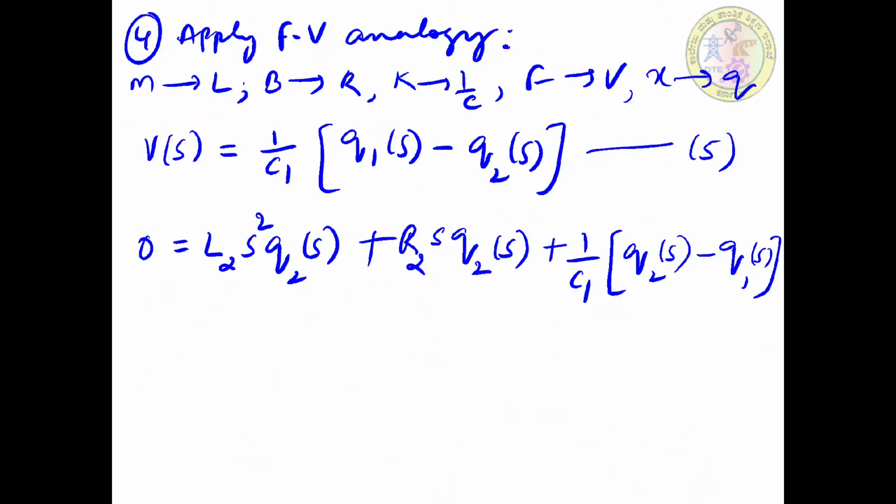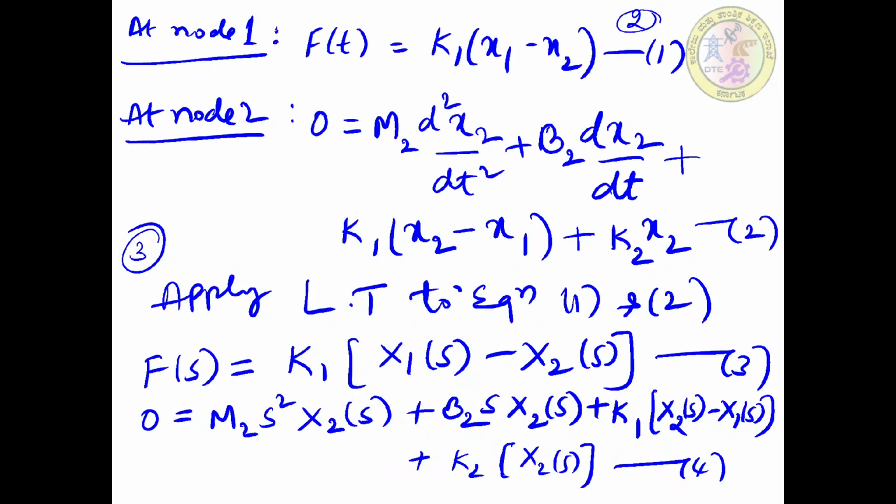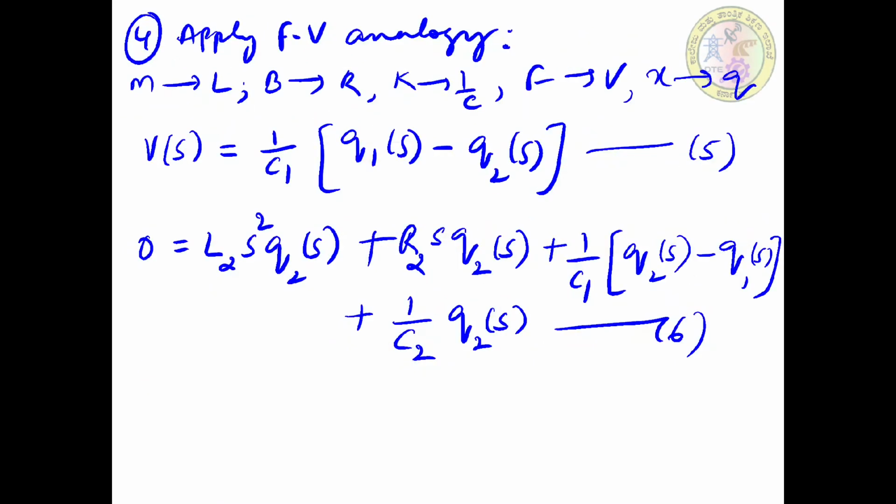That's why we are replacing it now by Q2(s) − Q1(s), plus one more last term, that is 1/C2 into simply Q2(s). This is equation 6. So we have pairs of equations: 1 and 2 are nodal equations, 3 and 4 are the Laplace transformed equations, then 5 and 6 are the FV analogous equations.